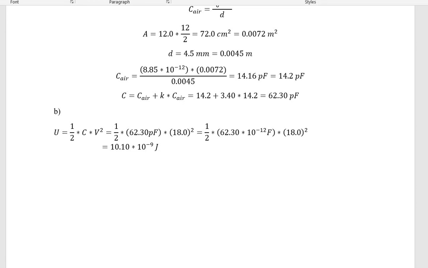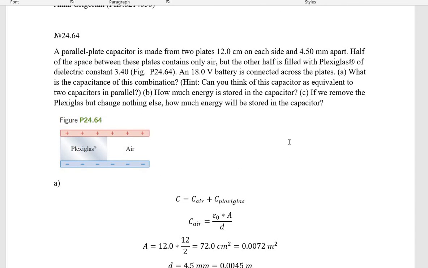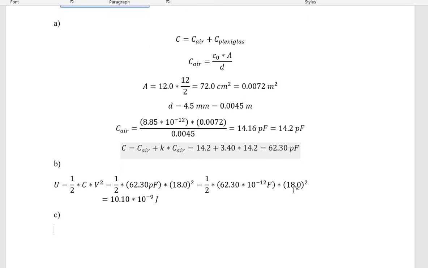So part C, the final part, asks us for a slightly different problem. We have to remove the plexiglass part and find out how much energy will be stored in this new capacitor.